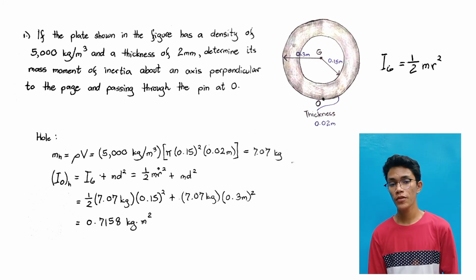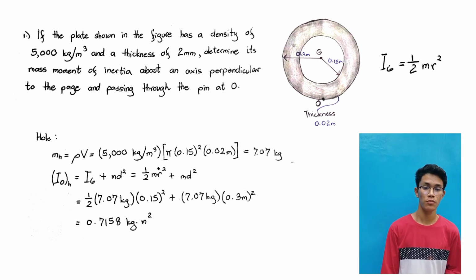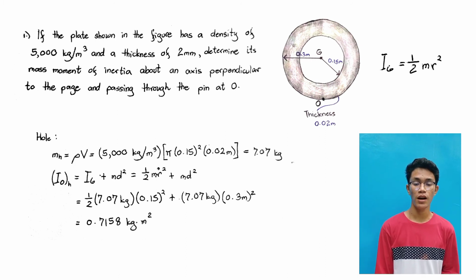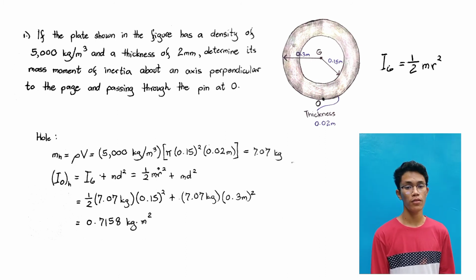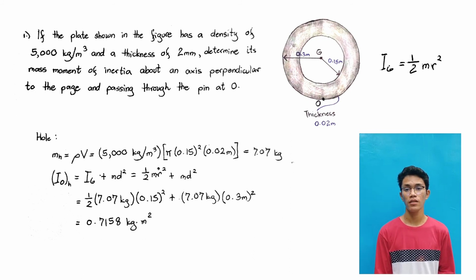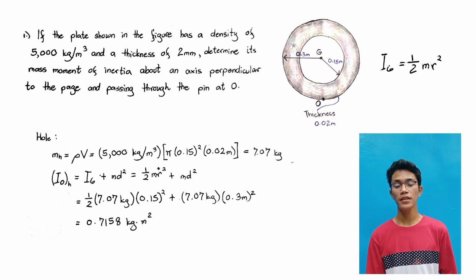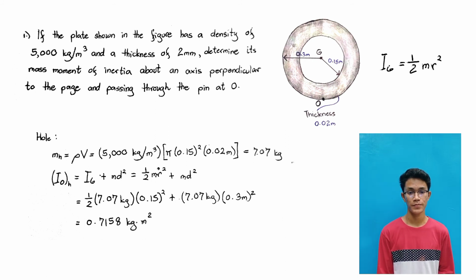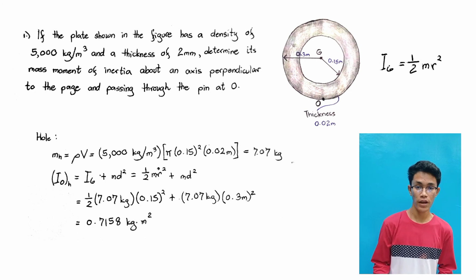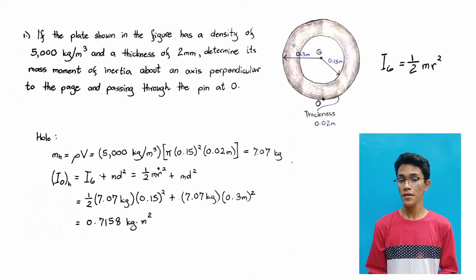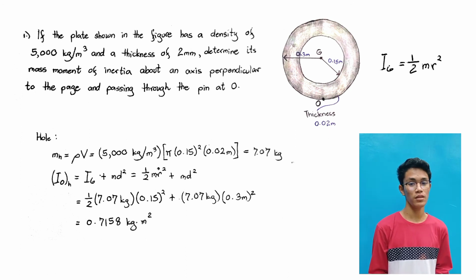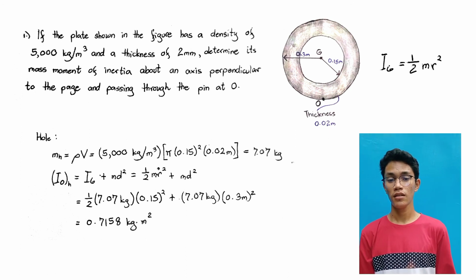Now, let us solve the mass moment of inertia for the smaller hole by using the formula and substituting the values. Our mass is equal to 7.07, our radius is 0.15, and a displacement of 0.3. 1/2 of the mass times the radius squared plus the mass times the displacement squared.